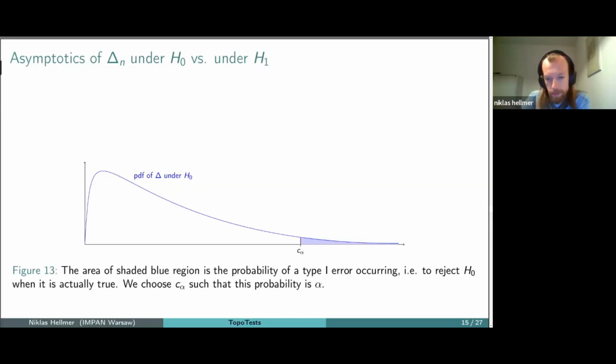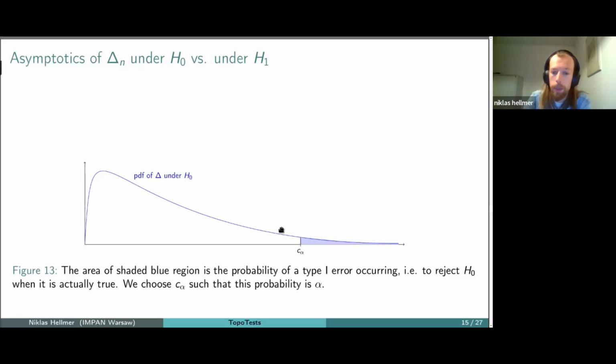And this threshold C alpha was chosen in such a way that if the test statistic is less than C alpha, then we do not reject. And if this is greater than C alpha, then we reject the test.